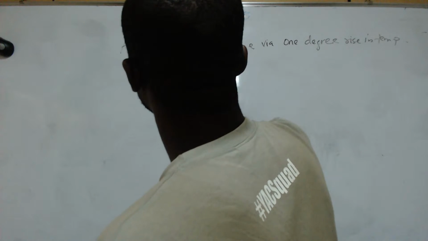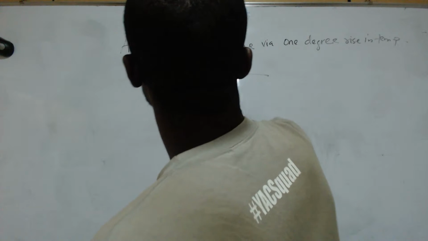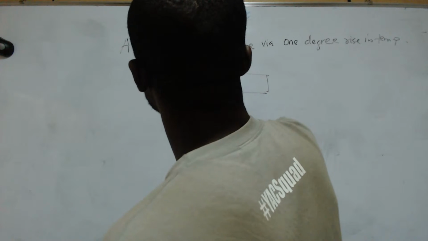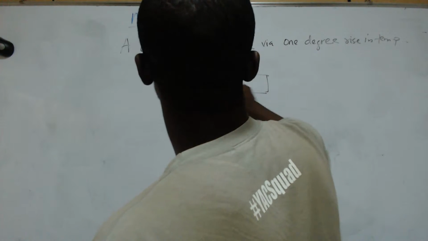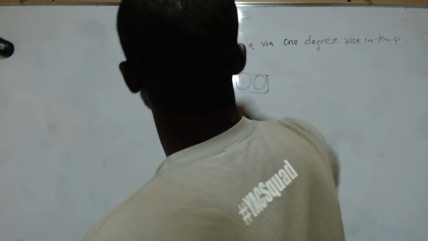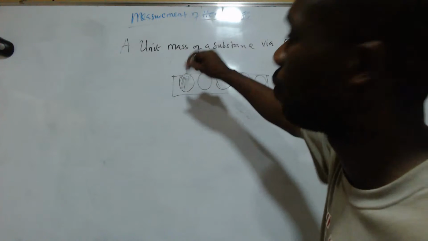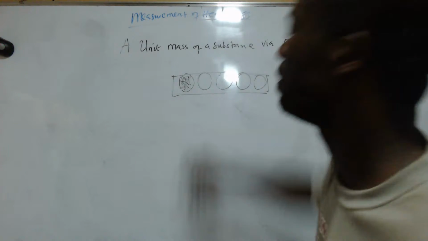We have a material, and inside it are these molecules. These are the molecules. All of them give you what we call the specific heat capacity.